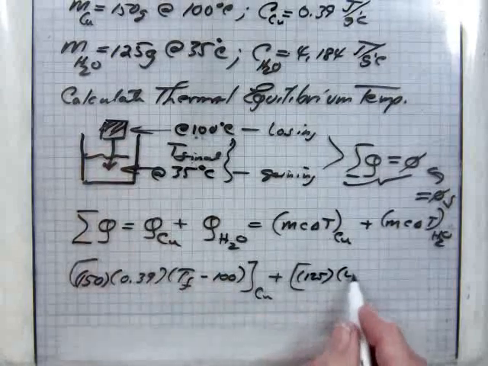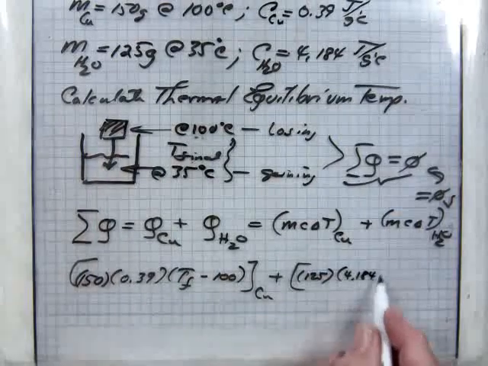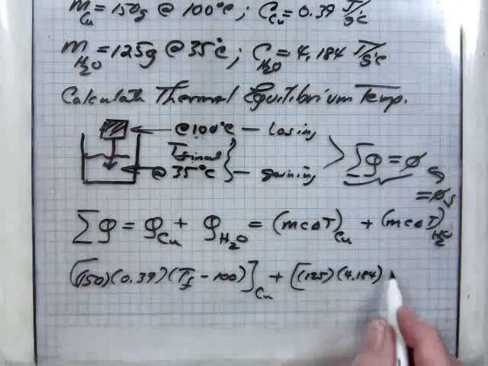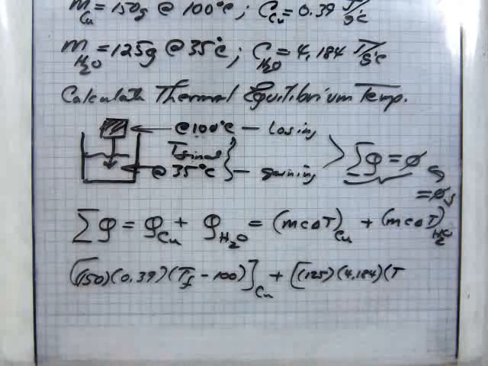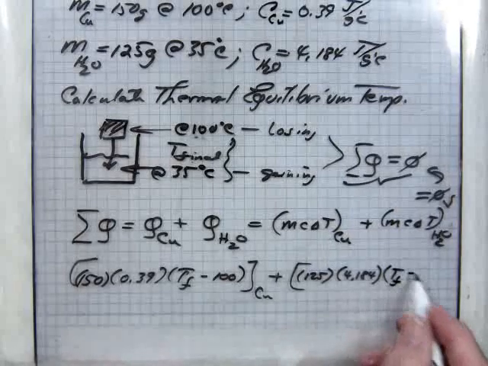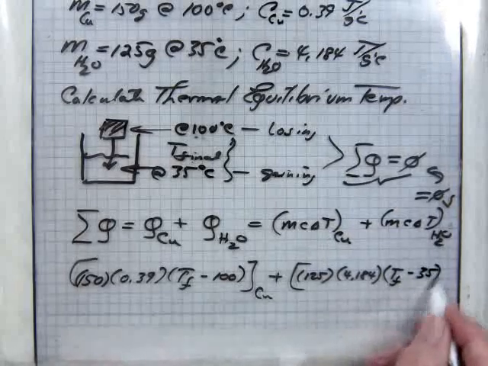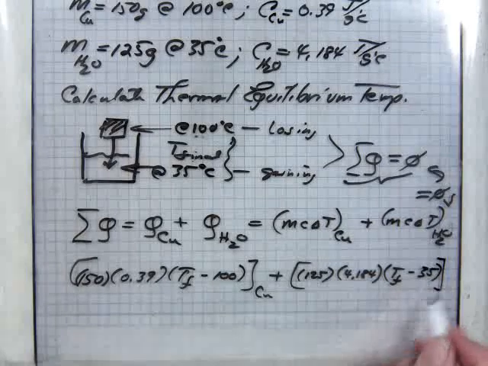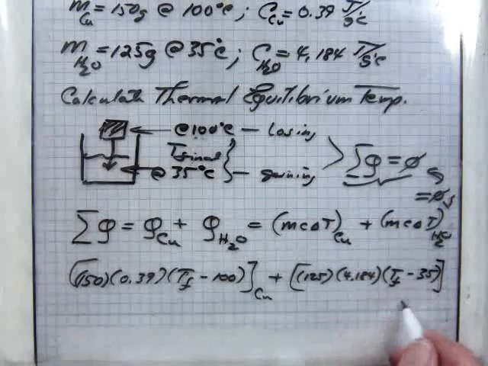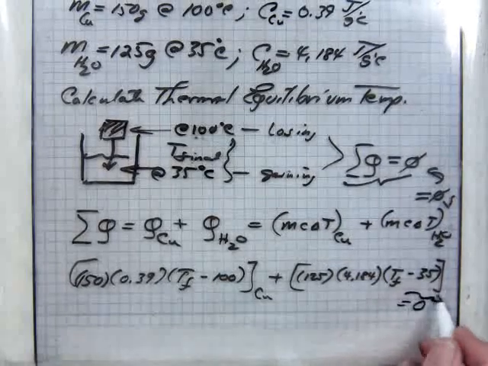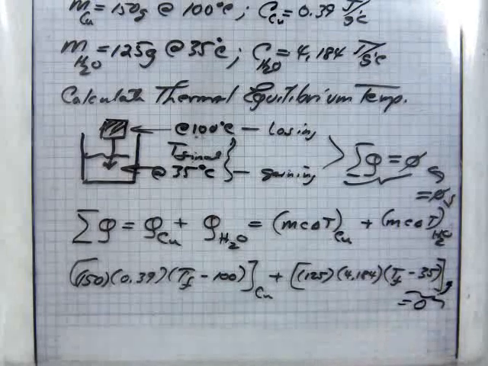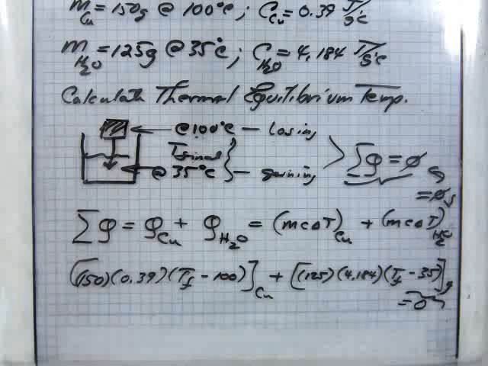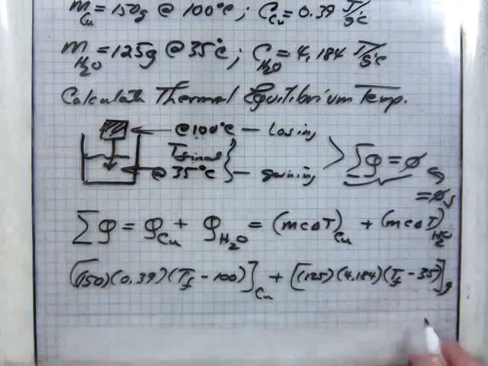That's 4.184 joules per gram degree C, and it's also listed as T final minus initial. Bracket that, and all that equals 0. Everybody still with me? That's a 0, believe it or not.